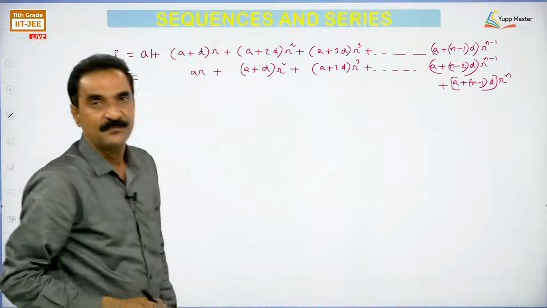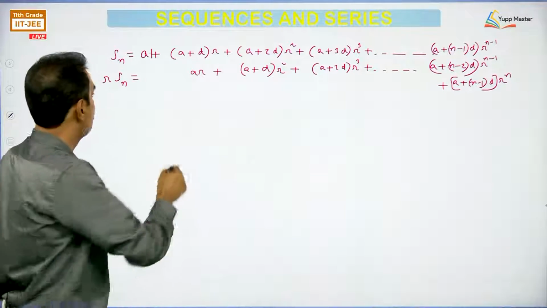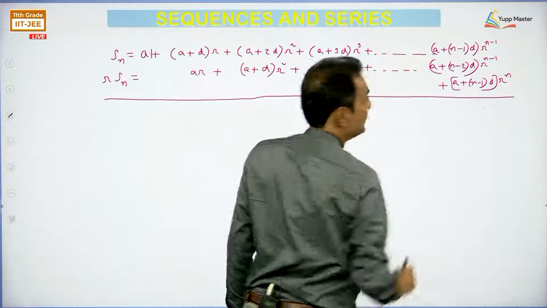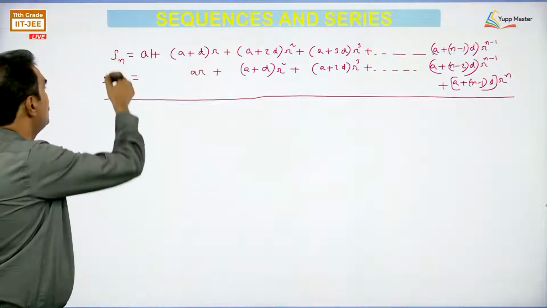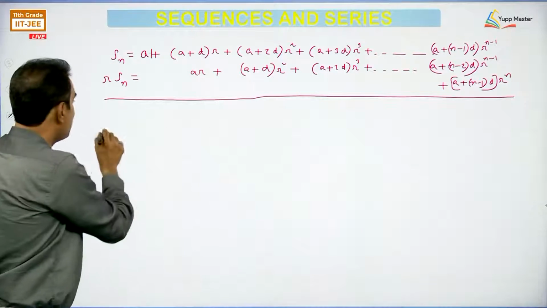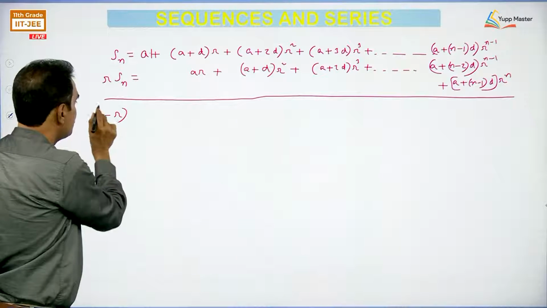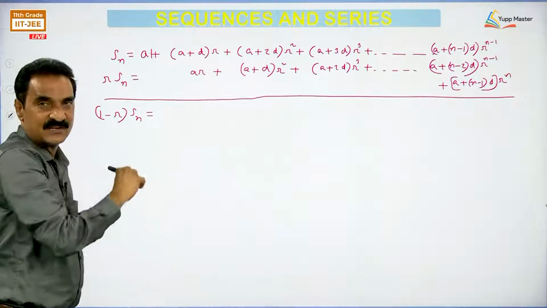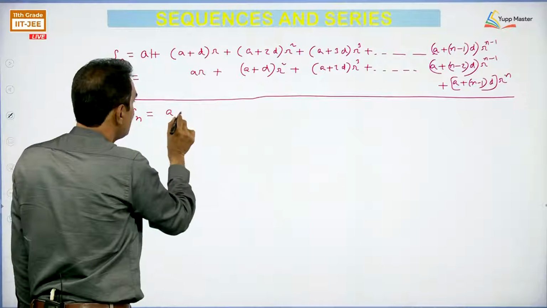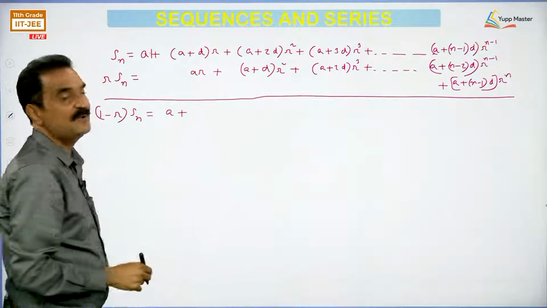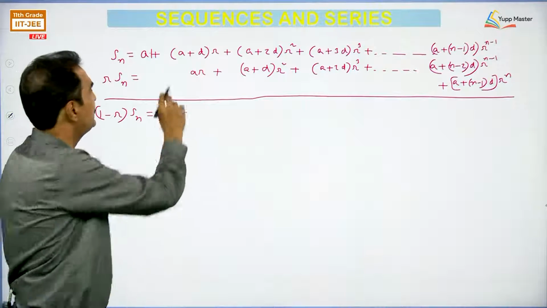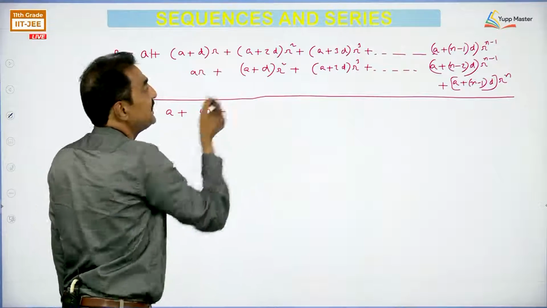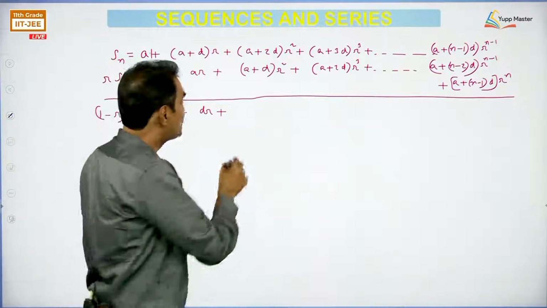Now, what will you do? Subtract from one another. Subtracting, Sn minus r Sn is 1 minus r into Sn. Now A minus, there is nothing, so A minus 0, A plus this minus this will be what? Dr. Ar cancels, you will get dr plus this minus this will be dr square.